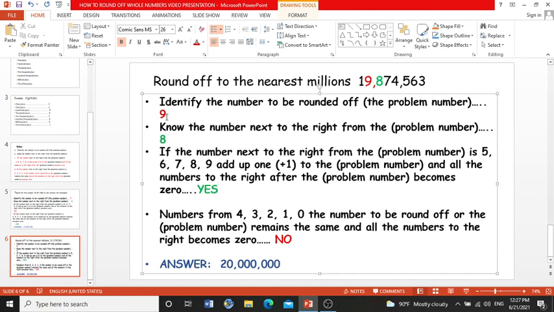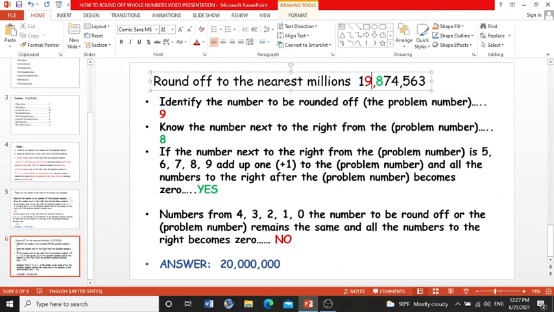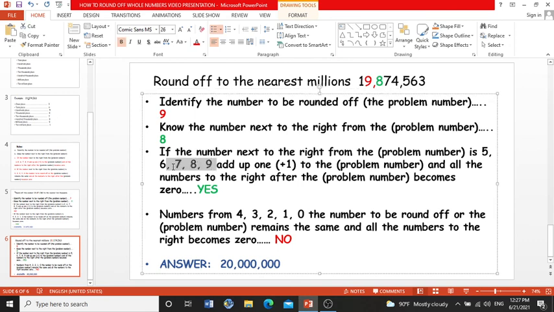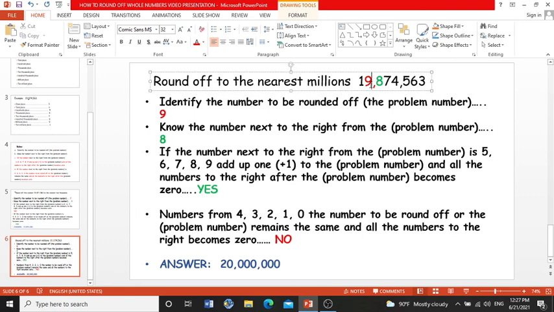So now the problem number is 9, and next to the right is 8, so it falls here: 6, 7, 8. Then what we're going to do is add up 1 to the problem number. So these are the millions, our target number, or our problem number.